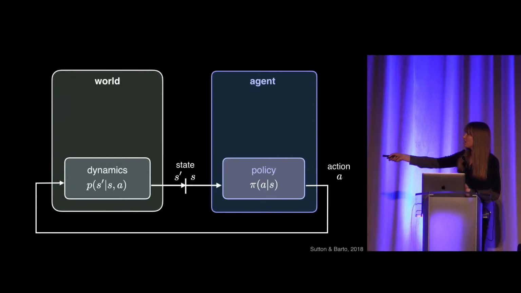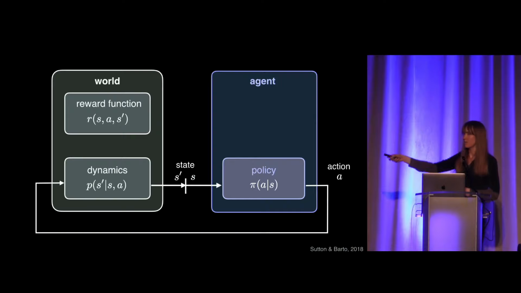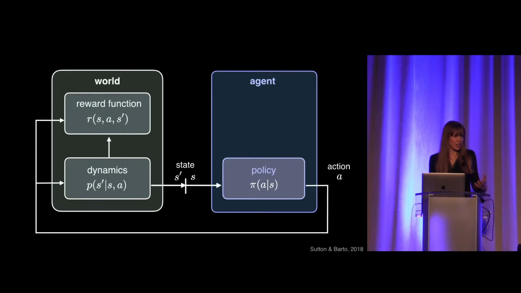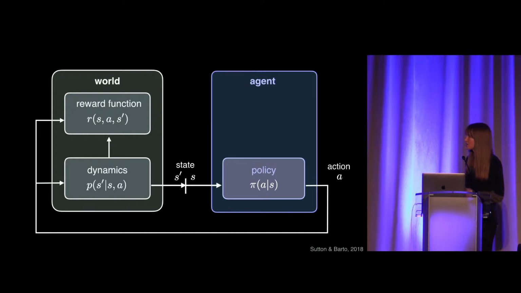If we now introduce rewards in the environment, we can do that formally using a reward function that specifies how much reward the agent will get if it takes action A from state S and transitions into state S prime. So you can see that this reward function will depend on the dynamics of the environment and the actual action that the agent took.